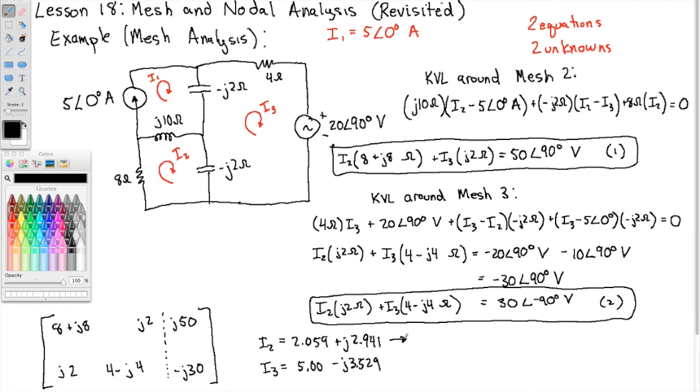So I'm just going to use Matlab as a calculator real quick and find, again, the magnitude of I2, which is the square root of 2.059 squared plus 2.941 squared.